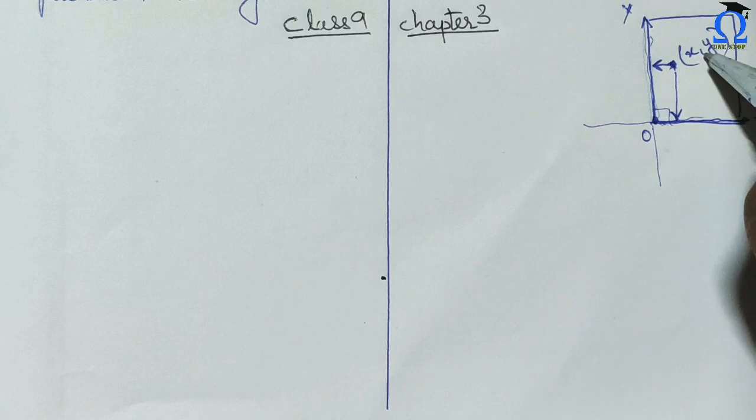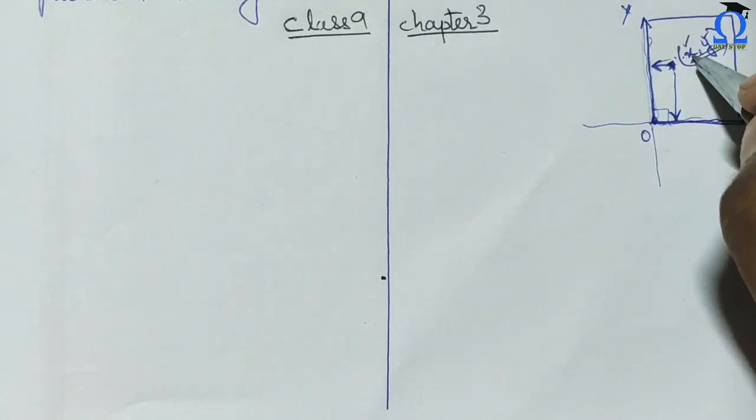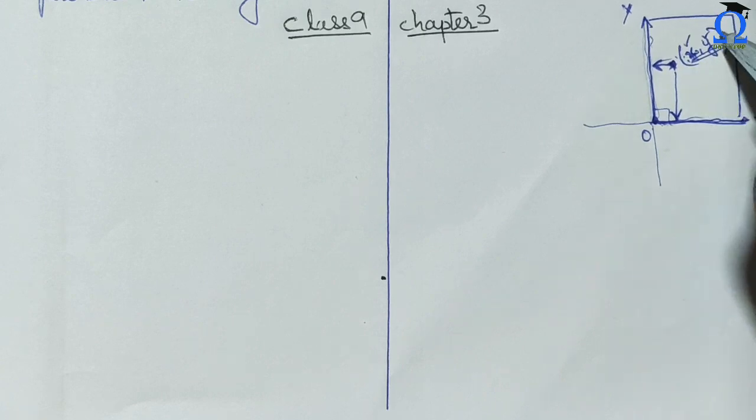Now one thing you should remember always: when we write the coordinate, we always write x in the front and then y. So the first number will code for the x axis, and the next number will code for the y axis.